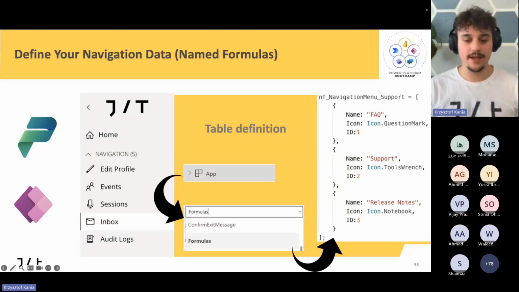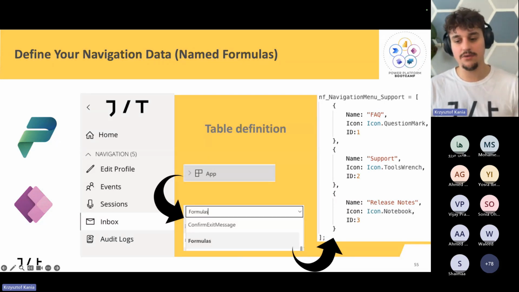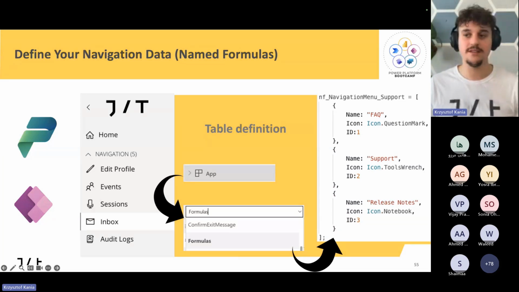So can we create tables in our named formulas? Yes, we can. We define a name equals a table with brackets, and then define it as we would when creating it in a table function or collection. It's really easy. As you can see in the code, I use the nf underscore prefix. Why? Because I want to be sure that I know whenever I'm using named formulas.